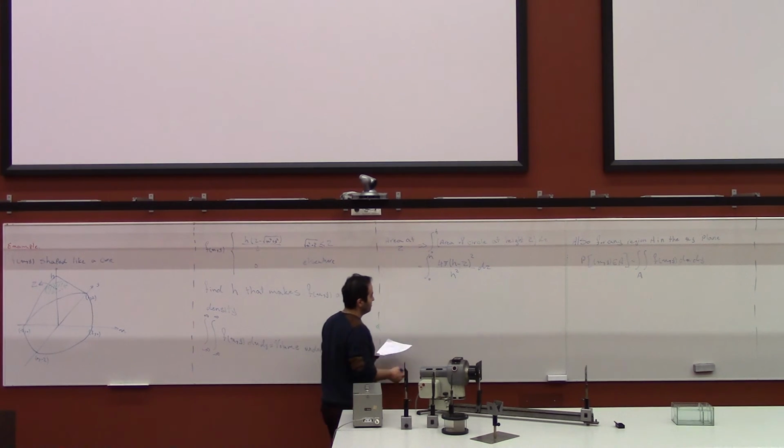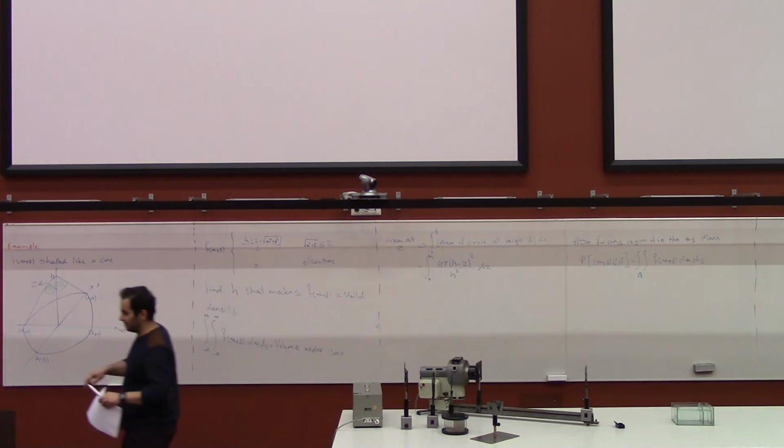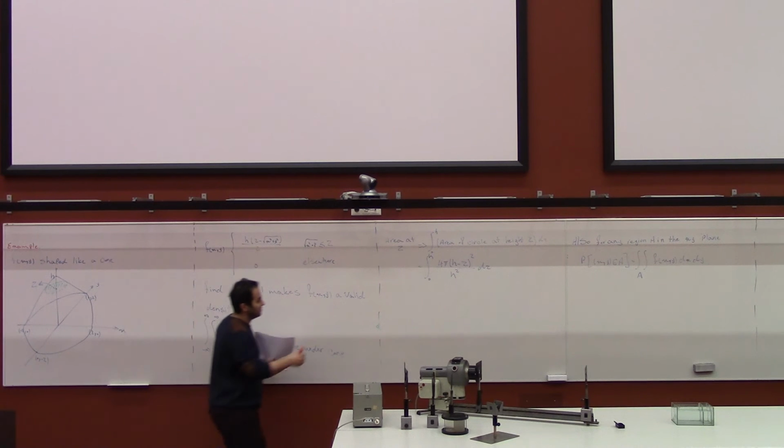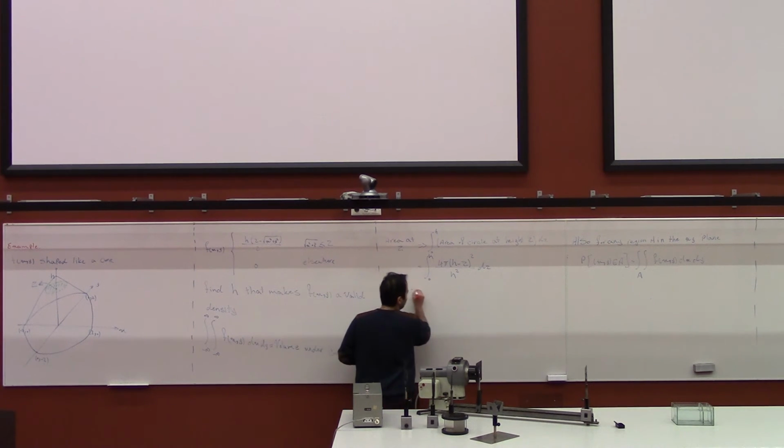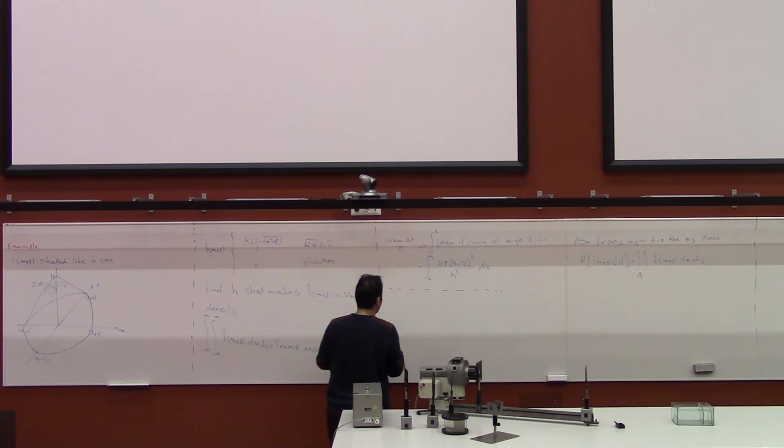Let me describe how we can find it. It's not exactly part of this course, but you know this from high school, so I will describe it a little bit. For this we have R of Z, where R is the radius.